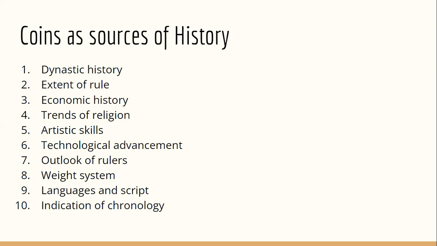Then the weight system: usually the coins of a particular dynasty follow a standardized weight system, so we come to know about the weight system of that dynasty by studying the coins.